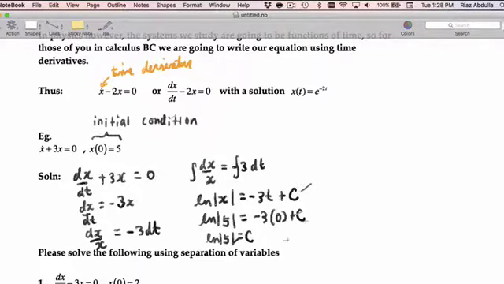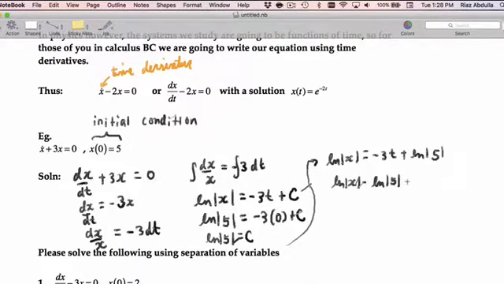Now I can put these two things together and say the natural log of x equals negative 3t, sorry, plus the natural log of 5. Now I'm going to subtract the natural log of 5 from both sides, so that's ln x minus ln 5 equals negative 3t.